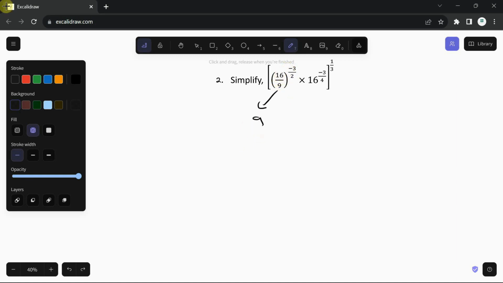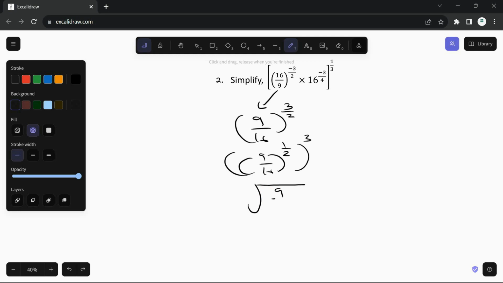This is like saying 9 over 16 raised to the power of 3 over 2, right? And this is like saying 9 over 16 raised to the power of 1 over 2 all cubed, right? So I would say square root of 9 over 16 all cubed. These are all applications of the laws of indices that we treated in the previous videos.